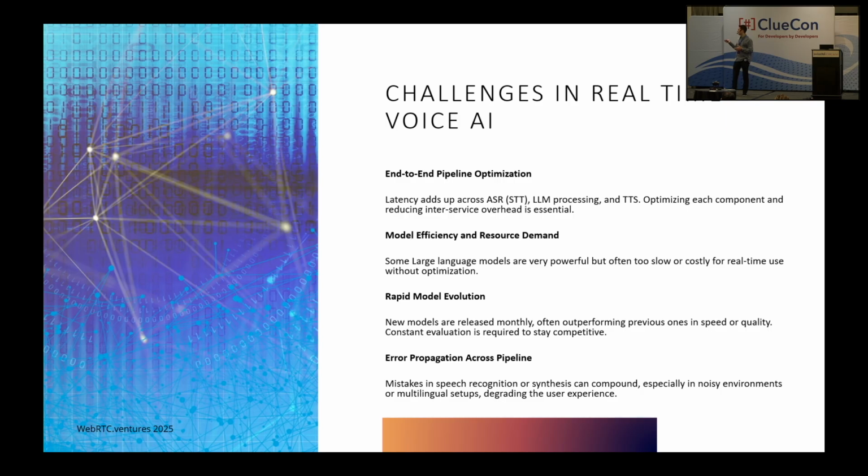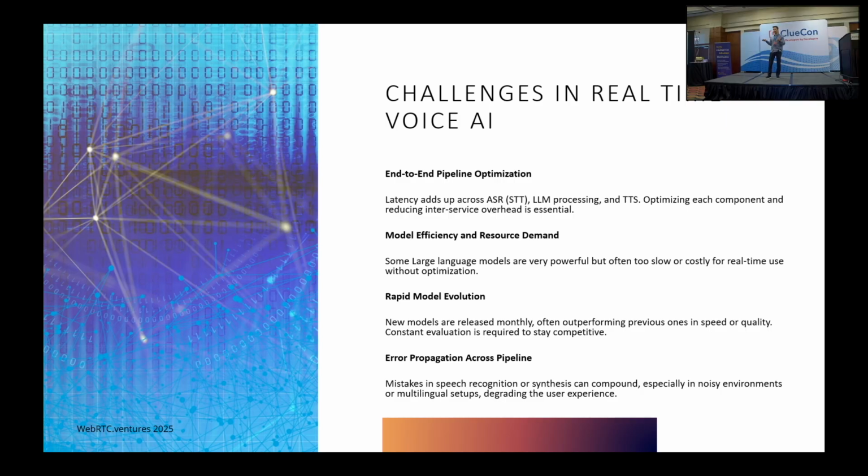Also, there is the resource intensity of large language models, which is also a challenge, and the rapid evolution of everything, basically. There were large language models we were using last year that today are kind of outdated, or transcription models that also have been improving a lot in the last few months.